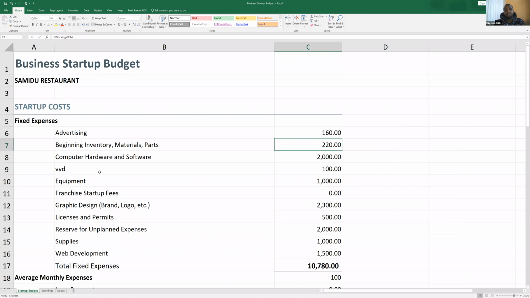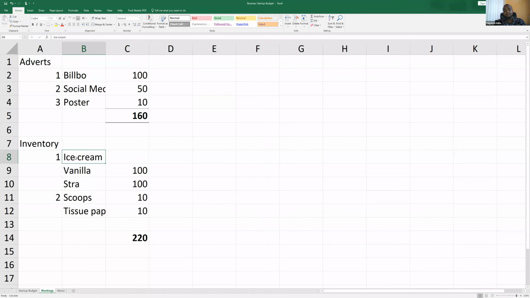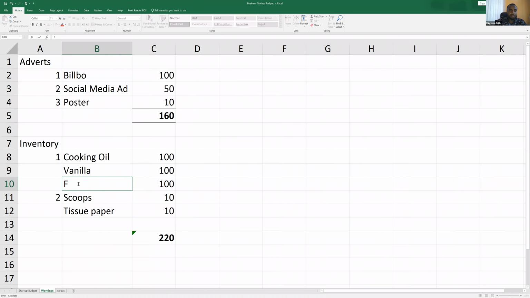So for the beginning inventory, maybe you can do this one. You'll need maybe cooking oil. Apart from cooking oil, what else do you need? You'll need flour, that is wheat flour.